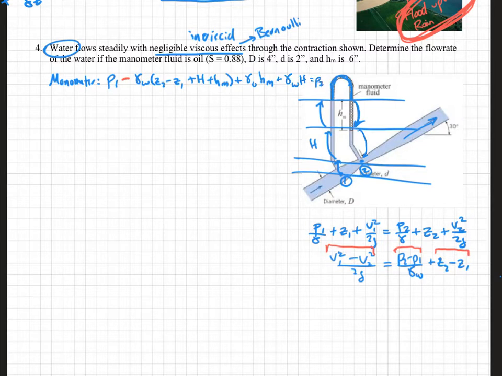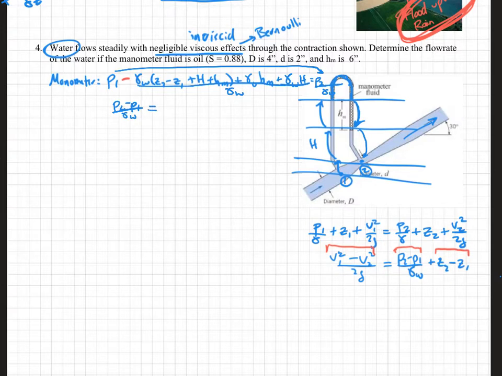If we rearrange this manometer equation, I'm going to bring the P2 over to the other side, so I end up with P2 minus P1, and then divide both sides by gamma water, because I'm trying to match my Bernoulli equation.